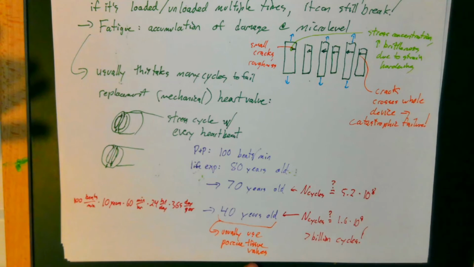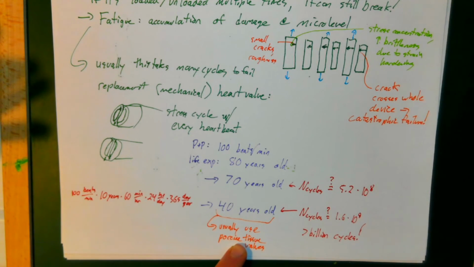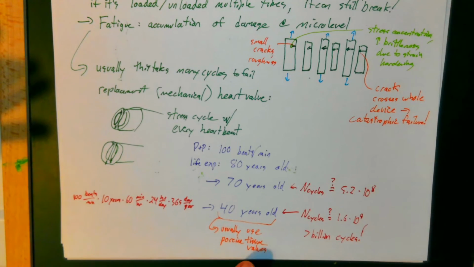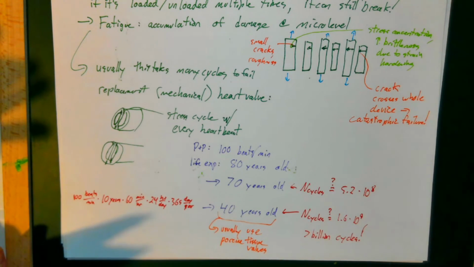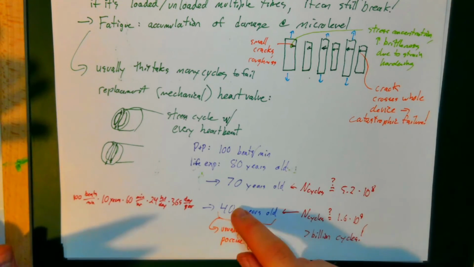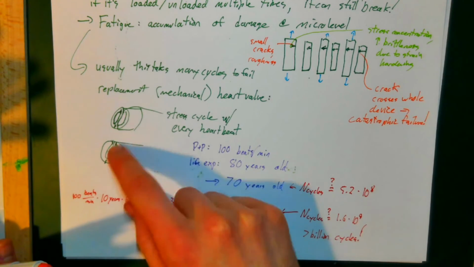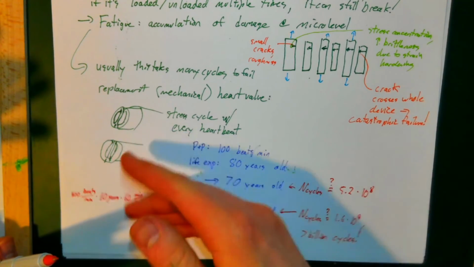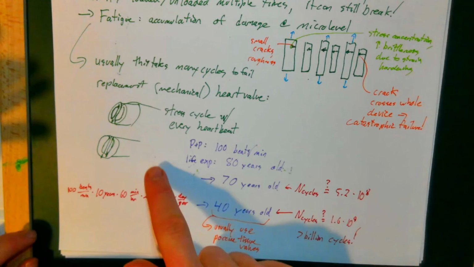And the rationale for these porcine tissue valves is that the tissue can potentially last a longer time. But the upside of this is, I guess, not these bileaflet valves, but other types of mechanical heart valves.